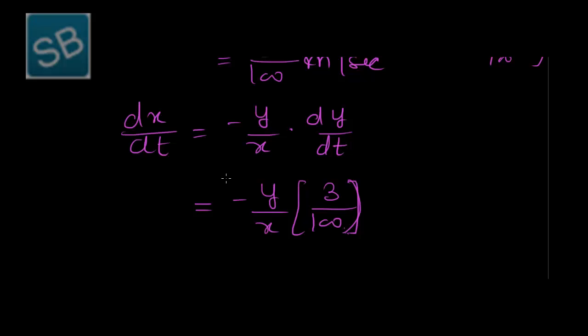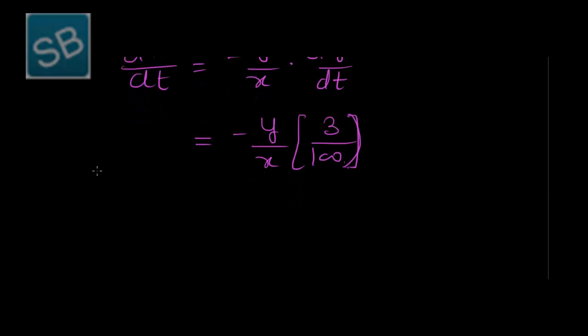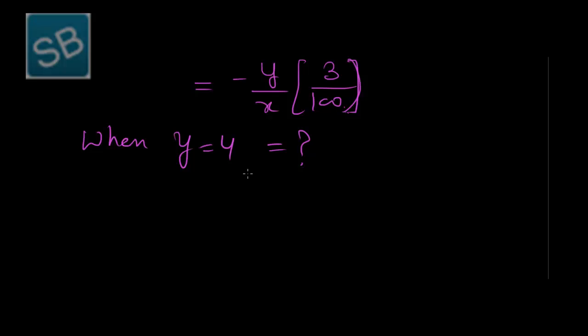So if we see in the question, we have how fast is its height on the wall decreasing when the foot of the ladder is 4 meters away from the wall. That is, what happens when y is equal to 4. So what is the value of x at that point?